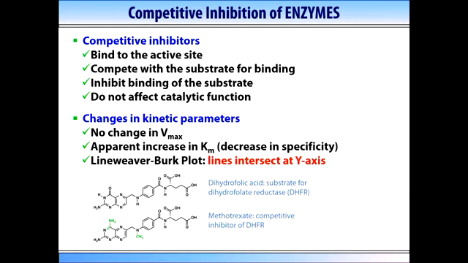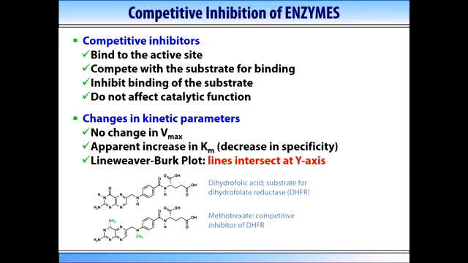There would be no change in the Vmax because the maximum velocity is a consequence of the catalytic activity. Since the catalytic function is not affected, the Vmax is not affected. Basically, it only increases the apparent Michaelis constant. So it would look like the Km is higher than it was without the inhibitor. That's how it would look on the plot, which we'll see in the next slide.